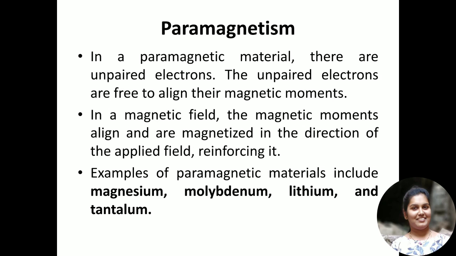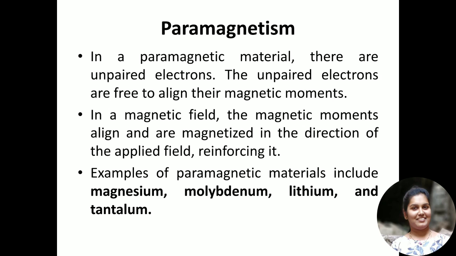In a magnetic field, the magnetic moments align and are magnetized in the direction of the applied field. Coming to the examples of paramagnetism, materials like magnesium, tantalum, lithium, and molybdenum exhibit paramagnetism.